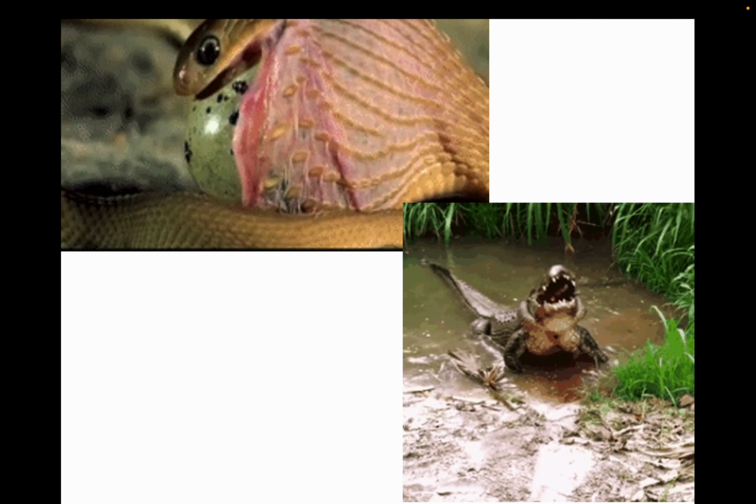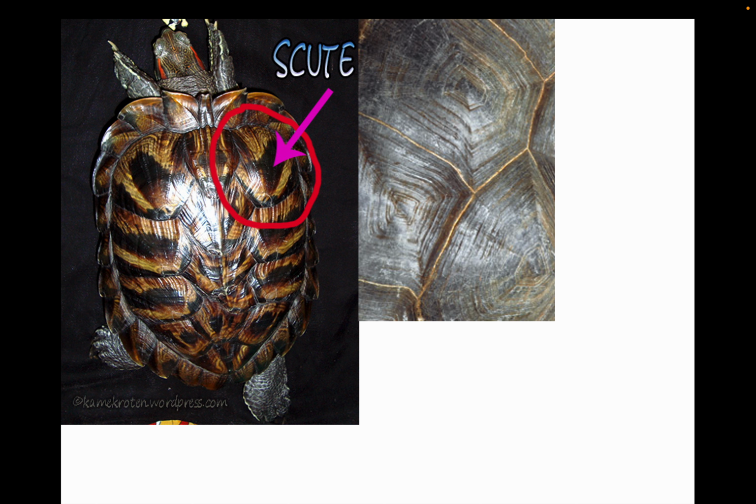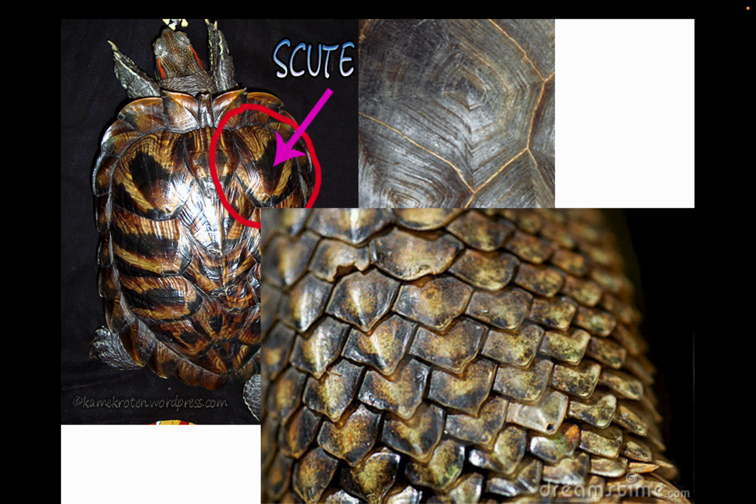Here is an epidermal modification, a scute covering a turtle. Scutes appear like this. You'll get the chance to study more about the morphology and general characteristics of vertebrates in another course on comparative vertebrate anatomy. Here are scales in the representative snake.